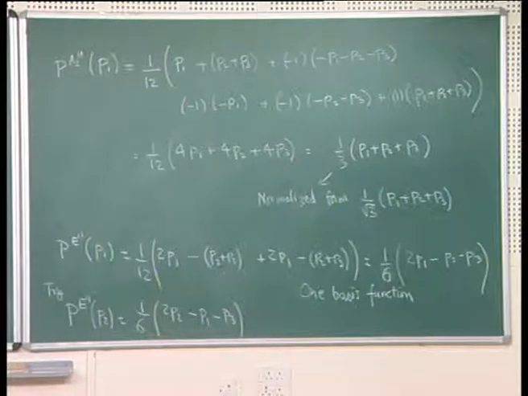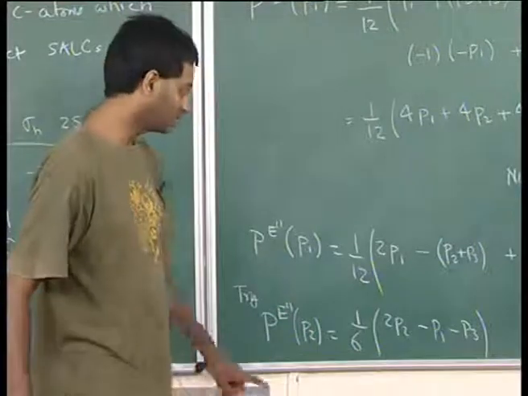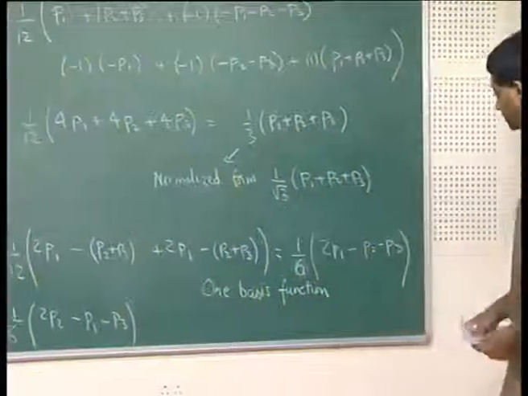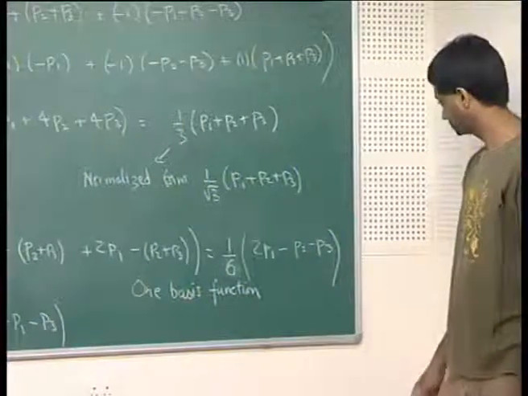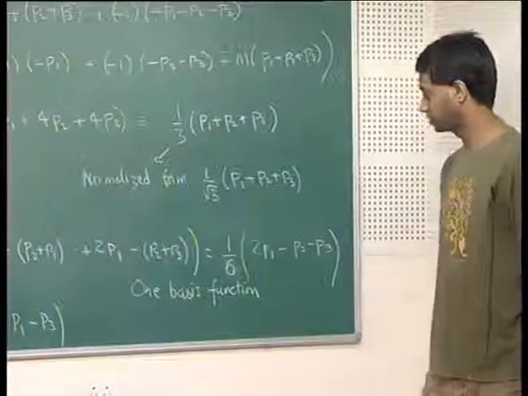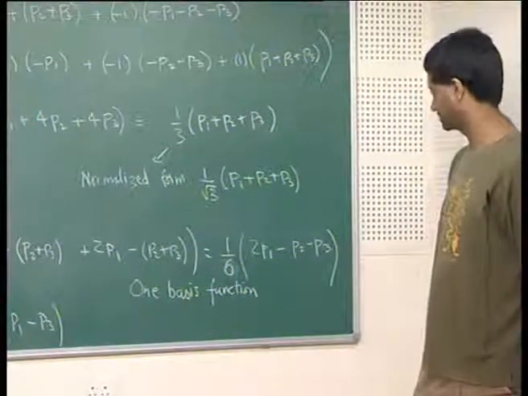So if you project P2 onto E double prime, you will get this. Now these two basis functions are not orthogonal, but you can construct a second orthogonal basis function.